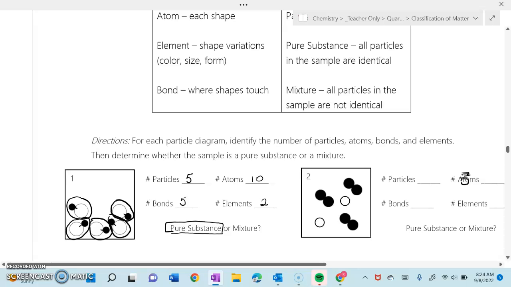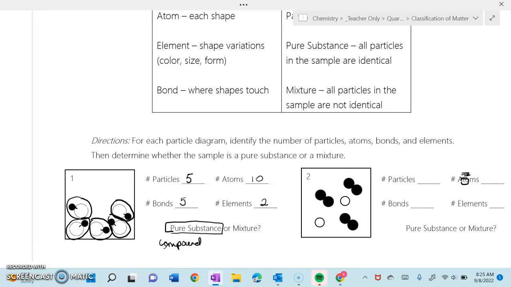We can take this one step further and break down pure substance into element and compound. This particle diagram is representing a compound because it is made up of multiple atom types bonded together in a set ratio. White circle, black circle. That's each particle.